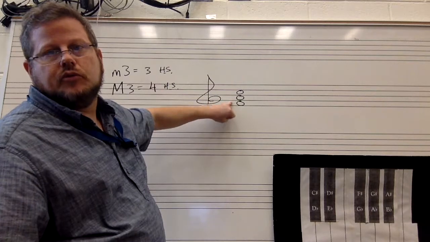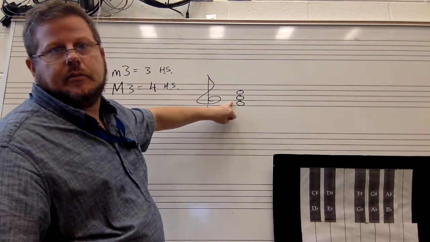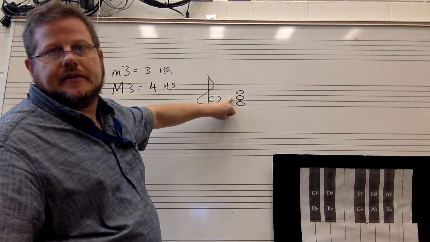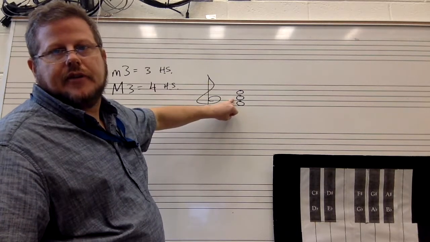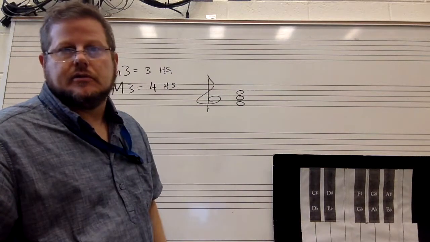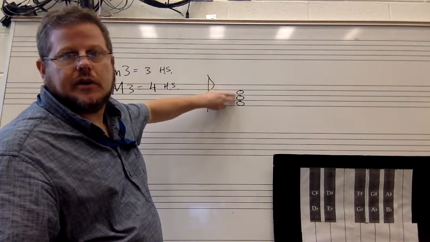So root we call the first, or the note that the chord gets its name from. Then this is the third, and this is the 5th. So between my root and third, I have a third, and between my third and 5th, I have another third, right? So there's 2 thirds in this chord, this one and this one.